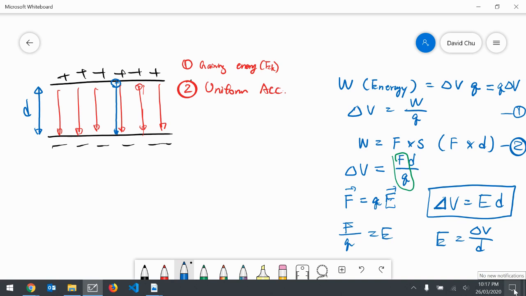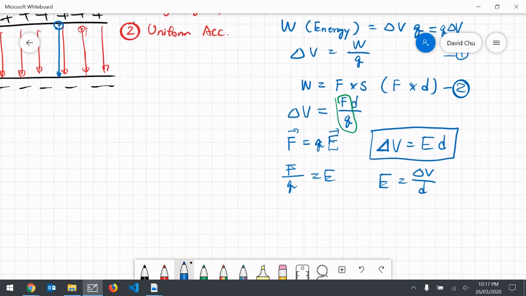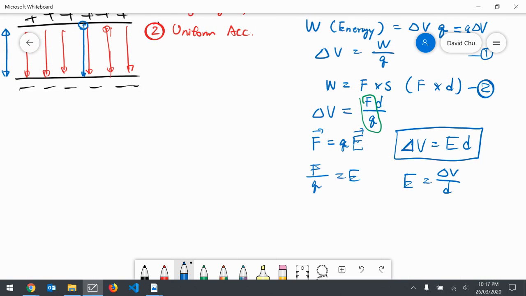Okay, now let's dissect this a little bit further. Bring back my parallel plates. Electrical field strength E is dependent on how far apart the two plates are. If I have the same potential, the same charge on either side, a certain amount of positive and a certain amount of negative on the two sides, then by increasing the distance, I'm weakening the electrical field strength.